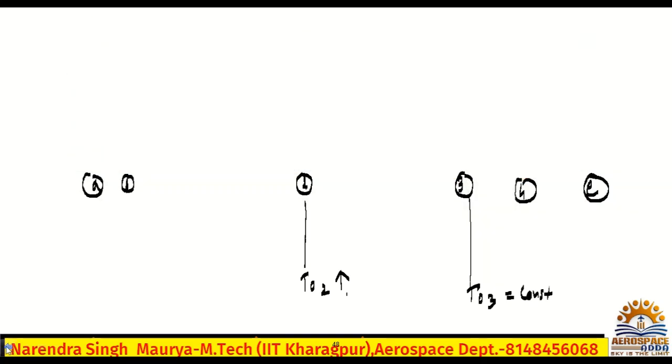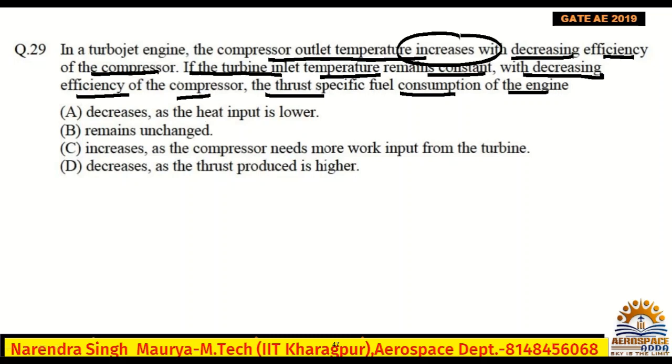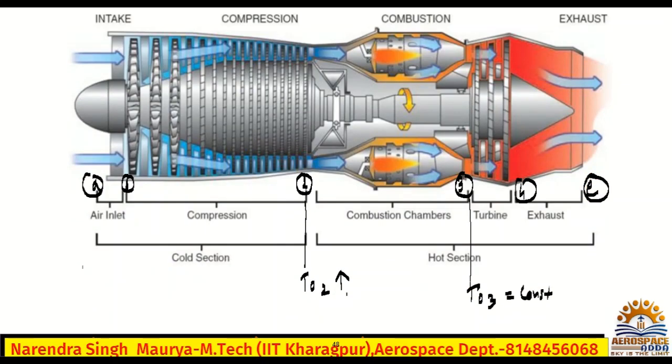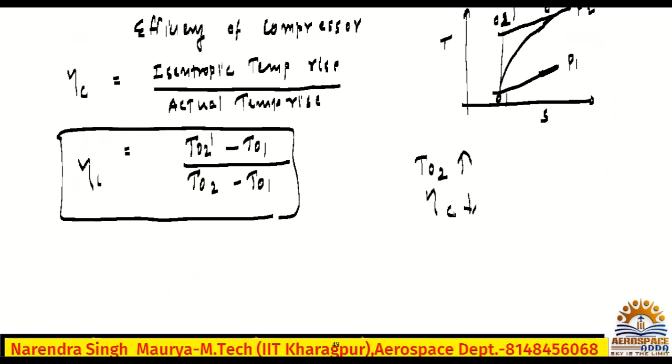Now check the statement. What have they said? Compressor outlet temperature increases with decreasing efficiency. That is true, yes or no? If the outlet temperature of the compressor is increasing, then the efficiency of the compressor will be decreasing. This is true. They have said the turbine inlet temperature, or you can say T03, is constant, that's the next step. So it means thrust is also constant.